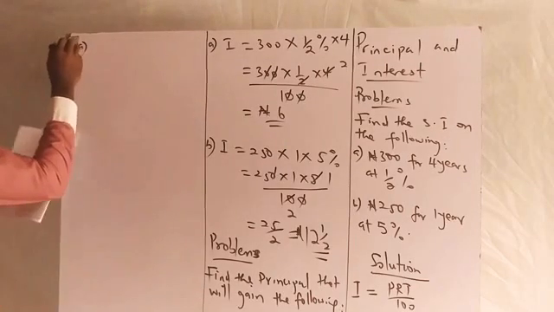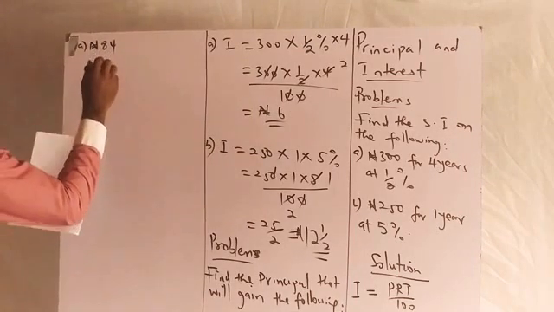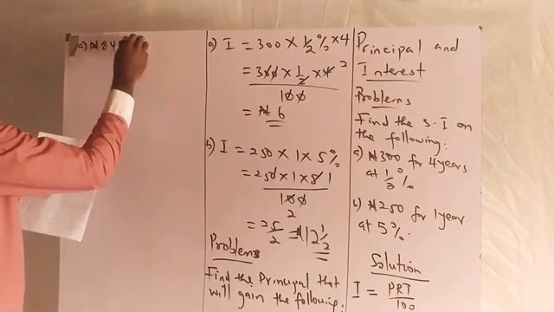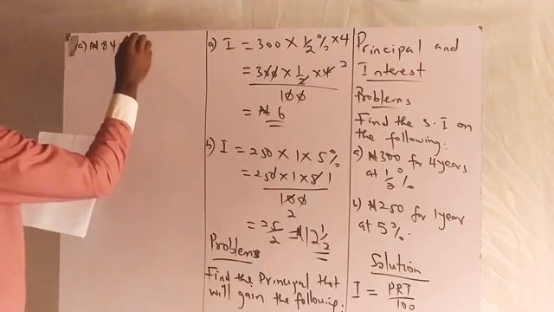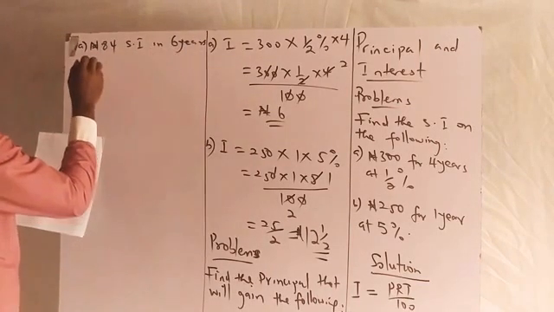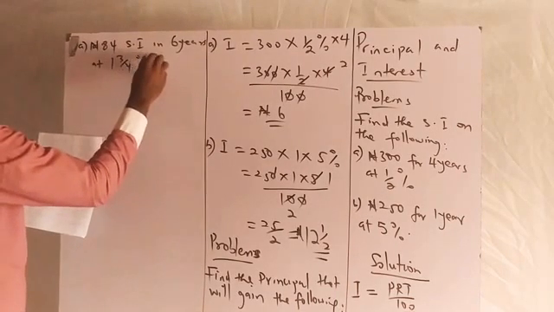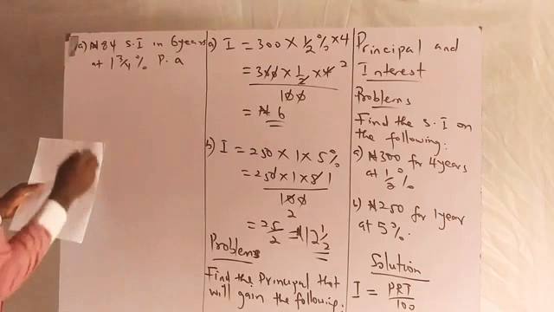A: 84 naira simple interest in 6 years at 1 3/4% per annum. P stands for per annum.